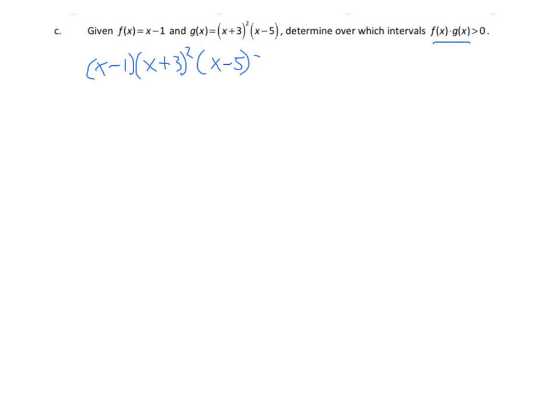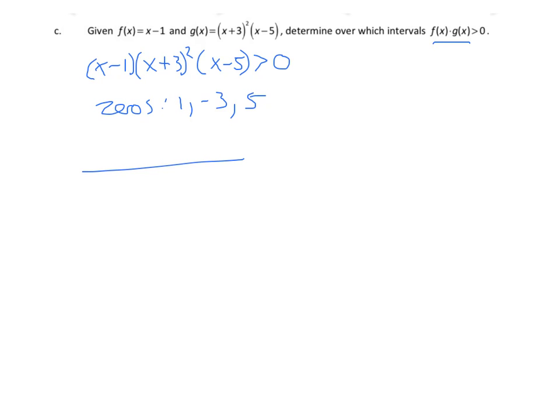And we want to know when that's greater than 0. And my new polynomial, which was the product of those two functions, is already in factored form, and I already have 0 on one side, so now I just have to find my zeros. And the zeros are going to be positive 1, negative 3, and positive 5.